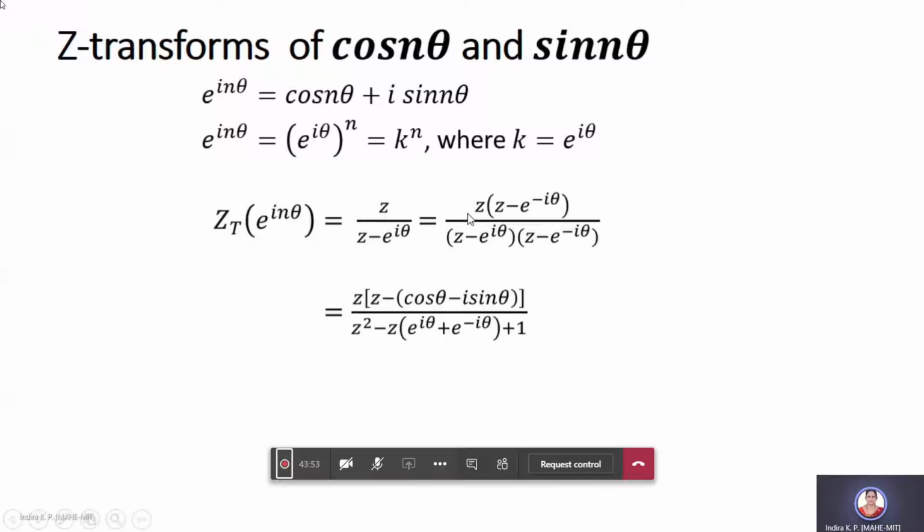So replace e power minus i theta by z minus e power i theta, z minus e power minus i theta. So I can multiply term by term, z squared, z into e power i theta, z into e power minus i theta, and e power i theta times e power minus i theta.